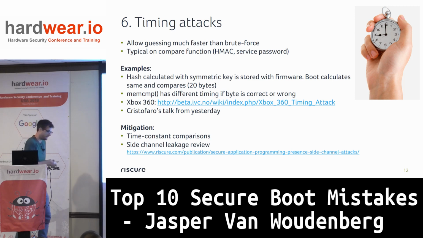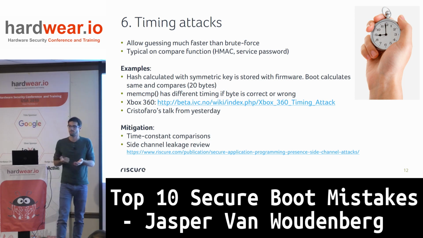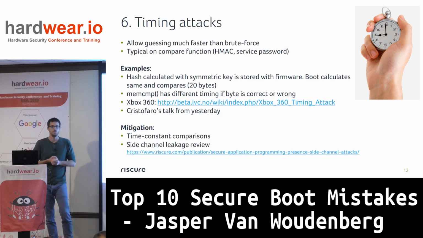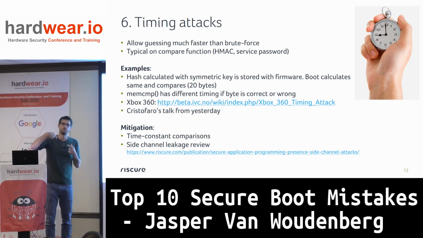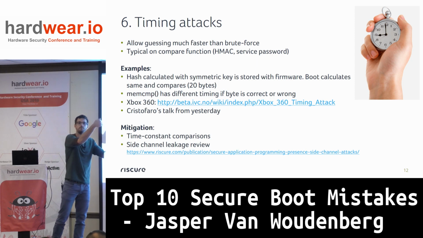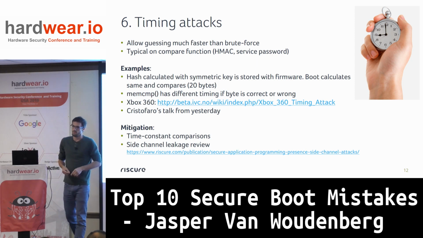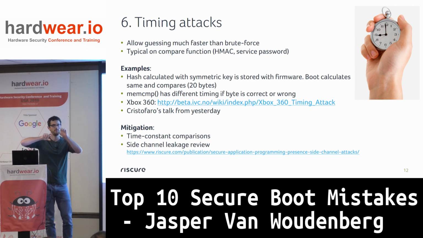Yeah, the mitigation is actually quite simple. You just use a time constant comparison. So instead of quitting after the first byte that you see, you just keep comparing each of the bytes and then you exit. Just make sure you don't put any if conditions in that loop. Like if this byte doesn't equal that, it could also be a timing leak.